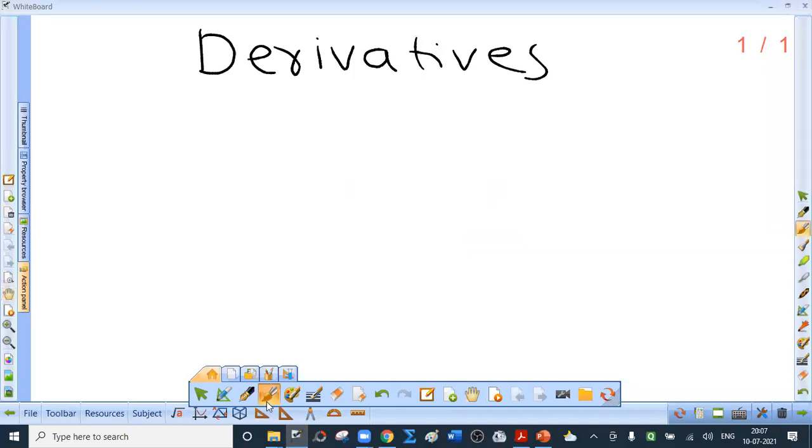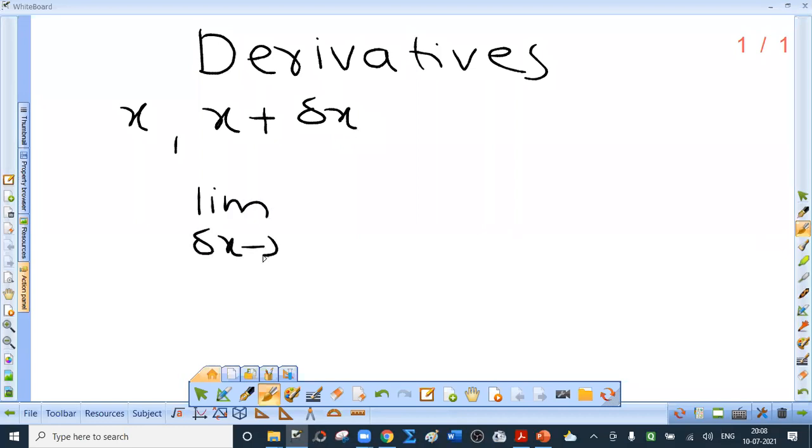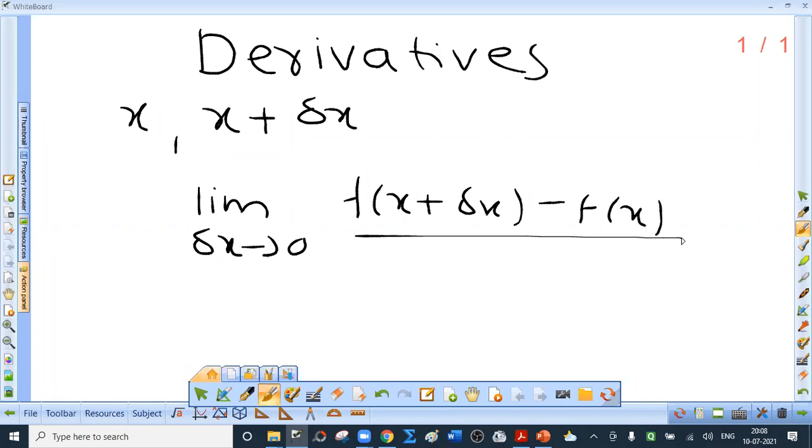So let us begin. Suppose x and x plus delta x. You have used delta x in physics. Delta x denotes a small change in the value of x. Okay. So suppose x and x plus delta x belong to the domain of the same function, and if limit delta x tends to 0, f of x plus delta x minus f of x upon delta x, if this particular limit exists.